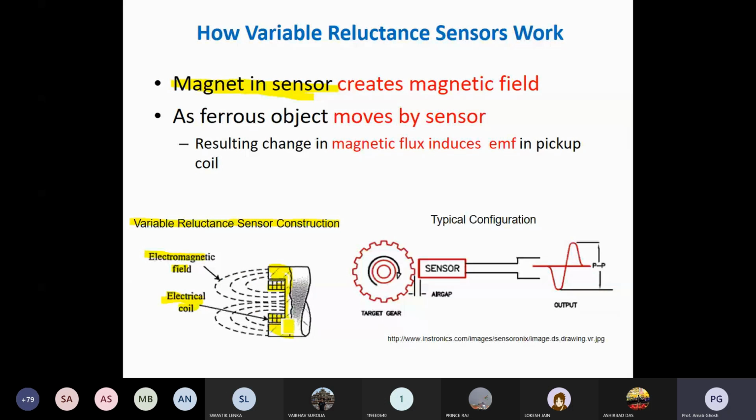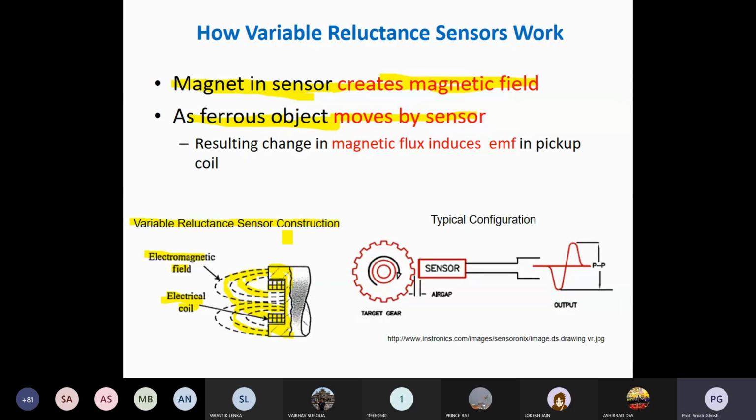When electricity passes through this coil, that ferromagnetic portion behaves like a magnet, with north pole to south pole, so magnetic lines are always distributed. As ferrous objects move by the sensor, the magnetic sensor creates the magnetic field.